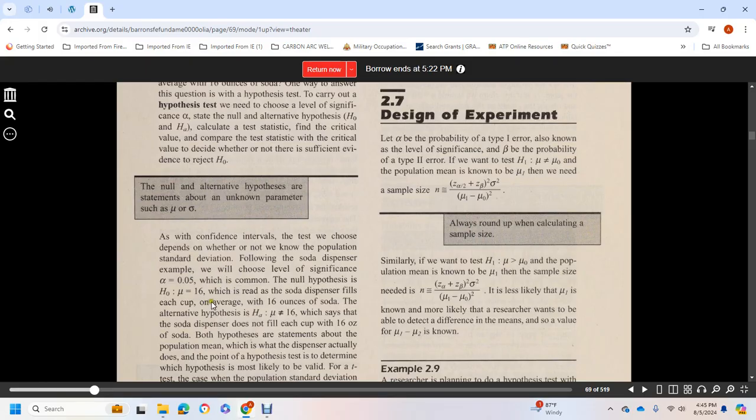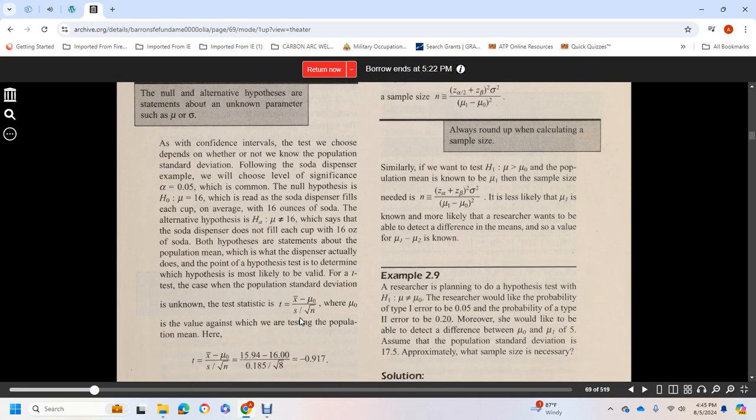The null is mu equals 16, which means the soda dispenser fills each cup with an average of 16 ounces of soda. The alternative hypothesis is that mu is not equal to 16, which means the soda dispenser does not fill each cup with 16 ounces. Both hypothesis statements are about the population mean, and the hypothesis test determines the hypothesis most likely to be valid.